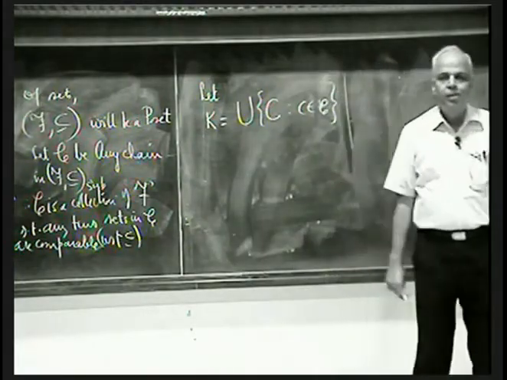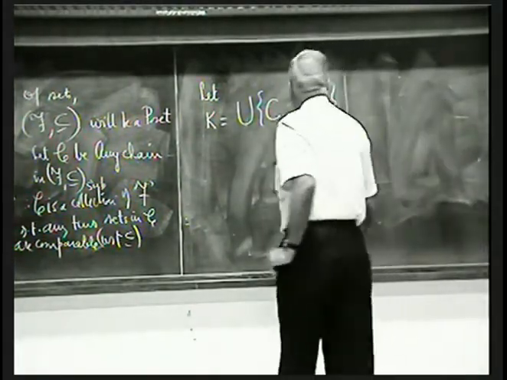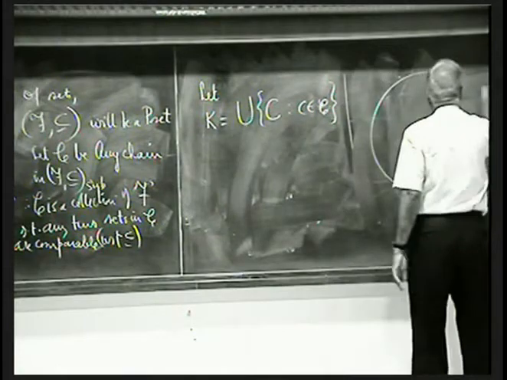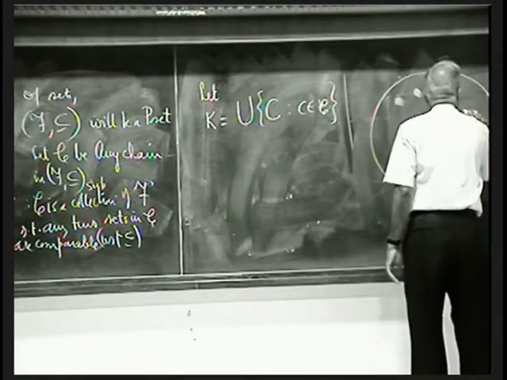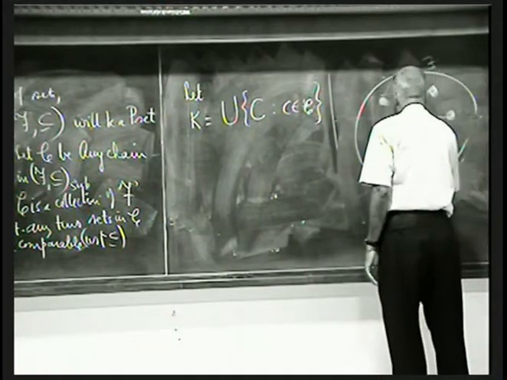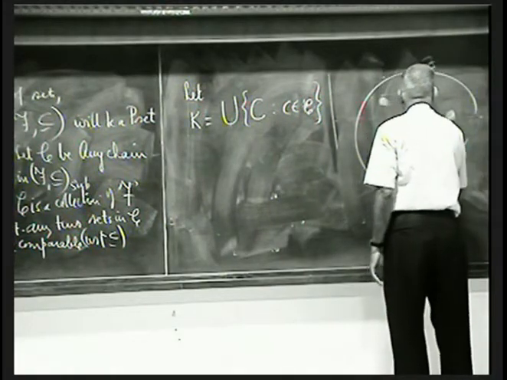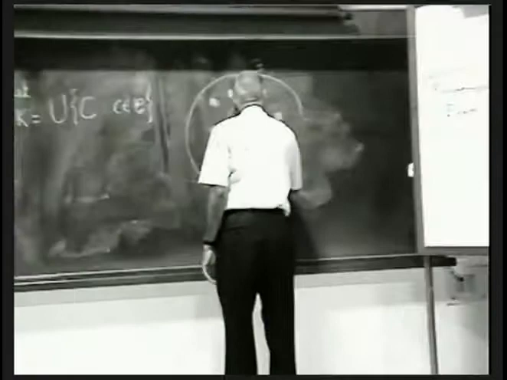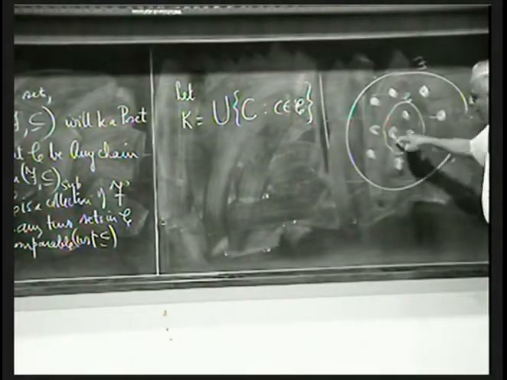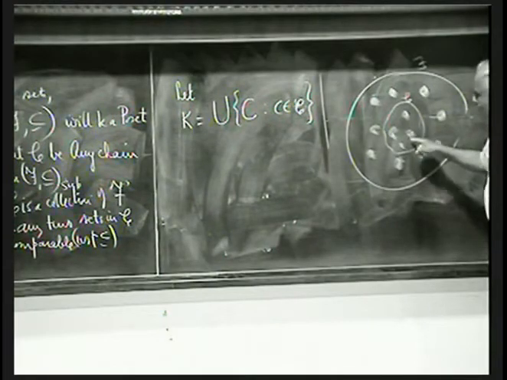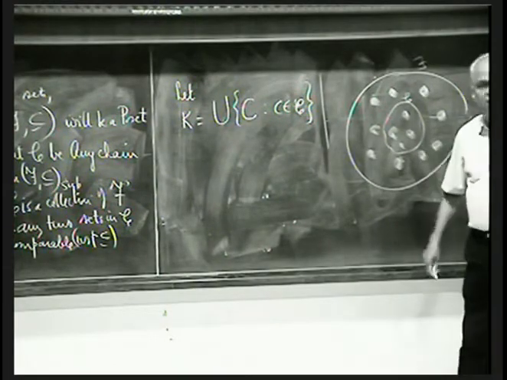Is that clear now? C here is a family F. F consists of several sets. Each member of this is a set. Now I am going to take a sub-collection of that, which are all sets which are comparable. Now I am going to take the union of all these.